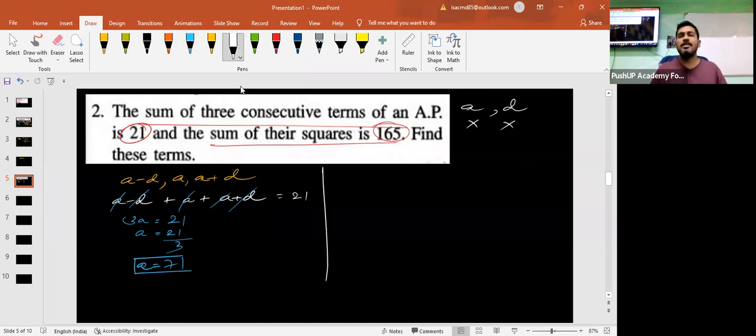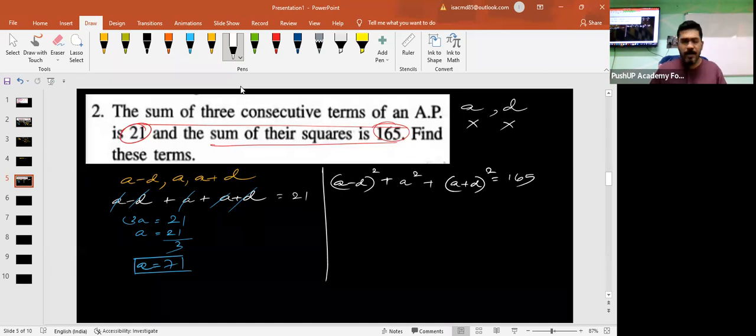Now, what is the second condition given to us? The sum of their squares is 165. That means you have to take (A minus D) whole square plus A square plus (A plus D) whole square is equal to 165. I'm just following the question, children. They are asking us to write the sum of their squares.